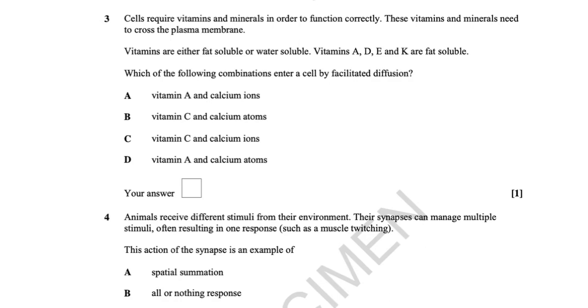So vitamin A is fat soluble, so it's definitely not going to be point A or point D. And it refers to calcium atoms, whereas in fact, remember, it's calcium ions that are going to travel across. So the answer here is C.